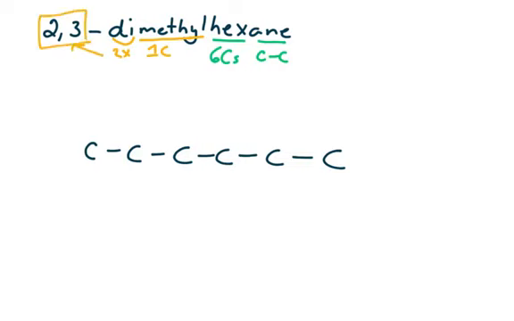That's your location. So I'm going to number from the left. Again, you can number from the right. Doesn't matter. 1, 2, 3. You can number all of them if you want, but really we just need the 2nd and the 3rd one to be labeled. And on the 2nd and the 3rd, I have 1 carbon chains. There's 1 carbon chain there, 1 carbon chain there. I've drawn them both in an up position, but up and down doesn't make a difference if you have single bonds. Single bonds rotate freely.